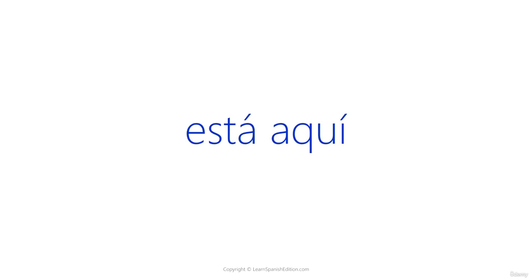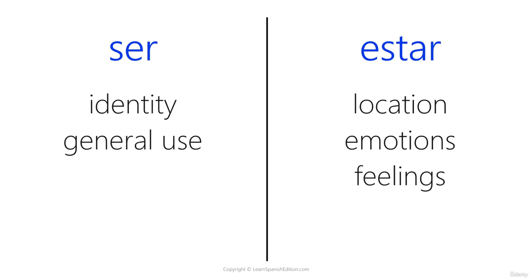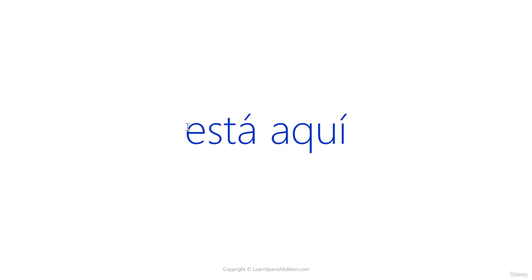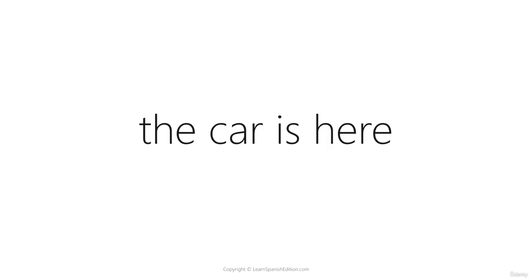Whenever something is here, you're talking about location. If we go back to our chart, you can clearly see that location is one of our primary uses of estar. So this is the side that we are falling on, which is leading us into this sound of está, for it is. It is here, está aquí. How would you say the car is here?